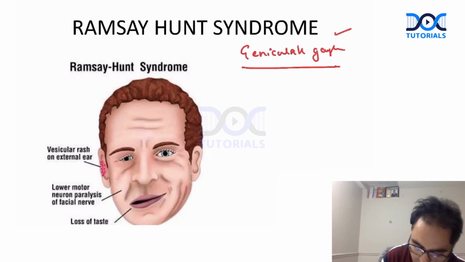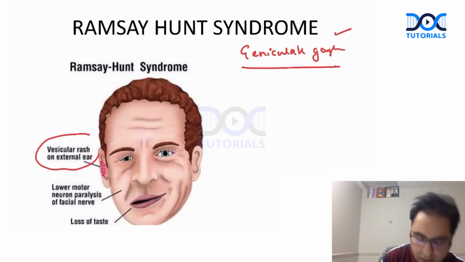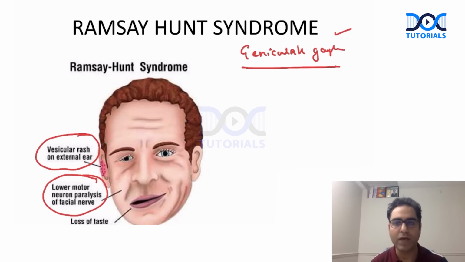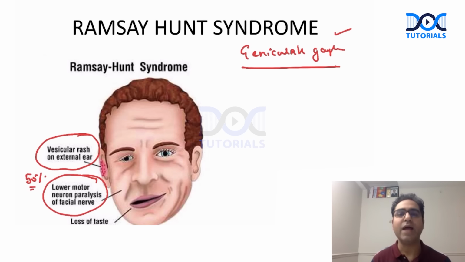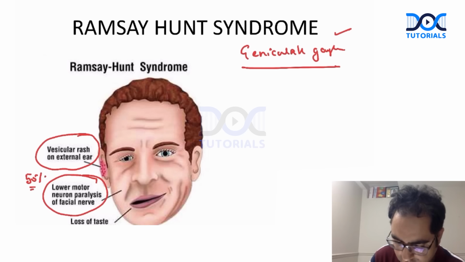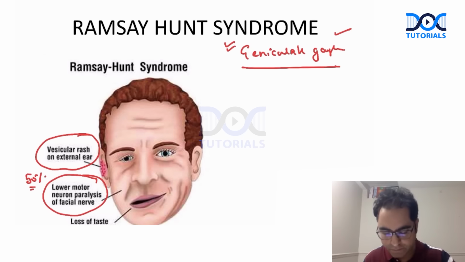Number 1, painful vesicles in the external ear, and number 2, lower motor neuron facial paralysis. Herpes zoster involves the nerves. The patient would need acyclovir plus steroid therapy, but facial recovery is seen in 50% cases only. Ramsay Hunt syndrome, the site of lesion is geniculate ganglion of the facial nerve.